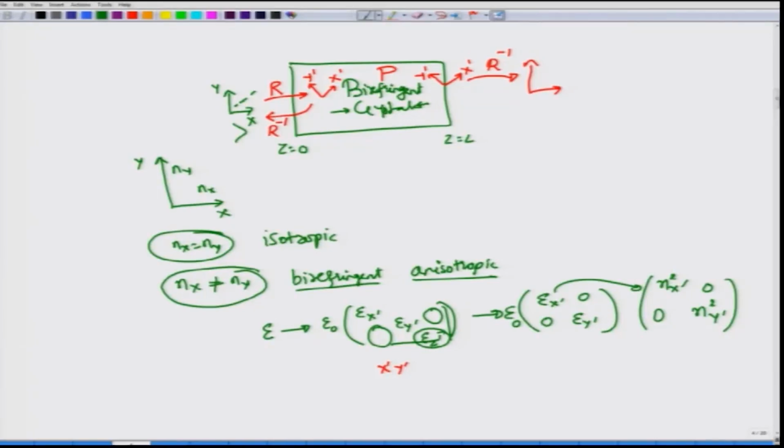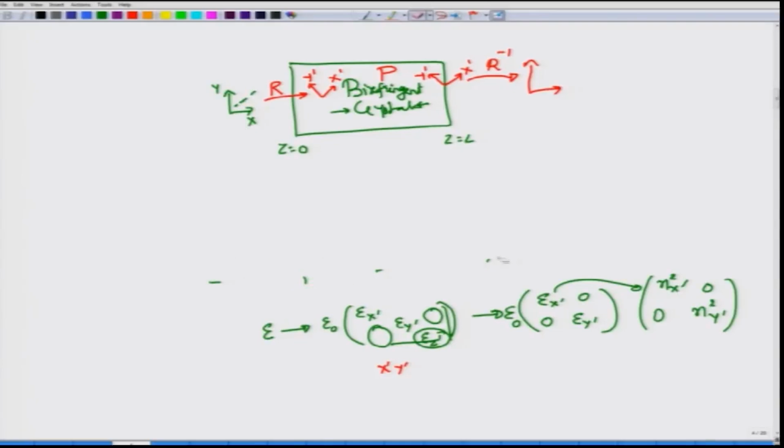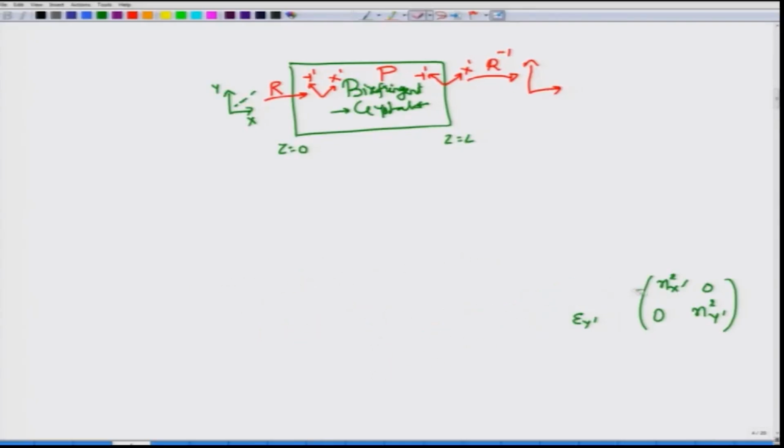So, if you are getting a little confused, do not worry. What we are going to do now is give you this procedure, which will allow you to understand how light propagates through this birefringent material. More details on birefringence, unfortunately, I cannot provide in this module. You will have to look at those details in some references which I will suggest.